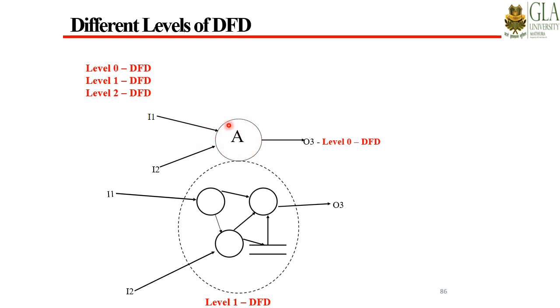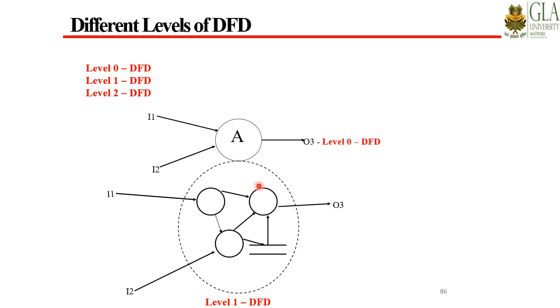This circle represents the system that we will require to develop, and these two lines, I1 and I2, represent the information that we are going to feed into this system, and this line, O3, represents the information that the users are using from the system, or the information which is outputted through this system, so that the users will use that as per their requirement.